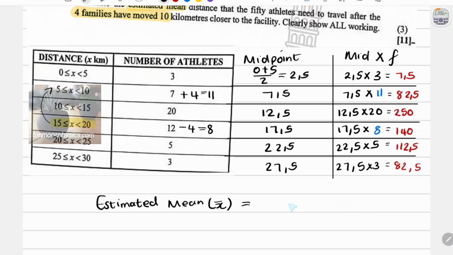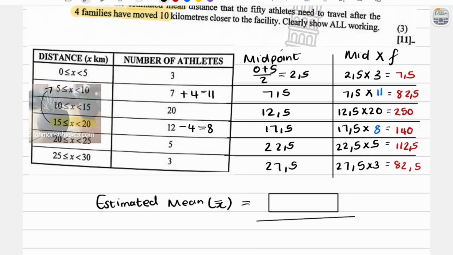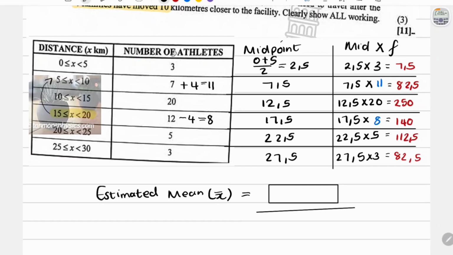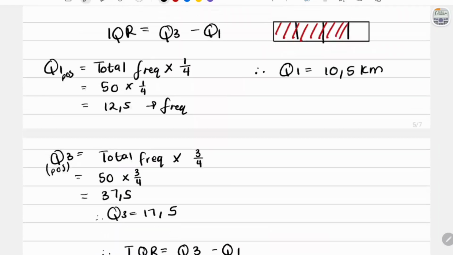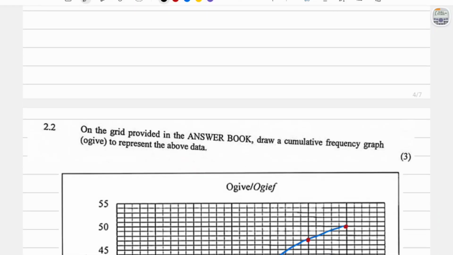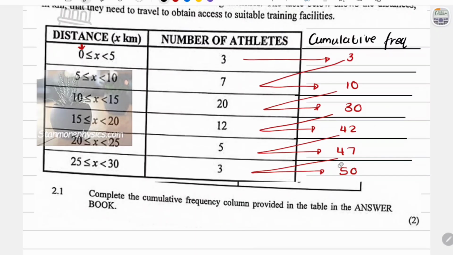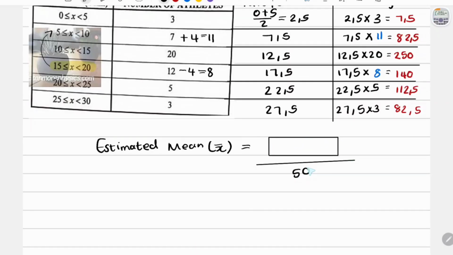So we take these values and add them all up together. And when we add them up, we divide by the number of athletes, the number of people that participated. The total athletes we can find by summing this up, but we already have that in the cumulative frequency. That would be the last value, which is 50. So everything adds up to 50, and whatever we get here, we divide by 50.